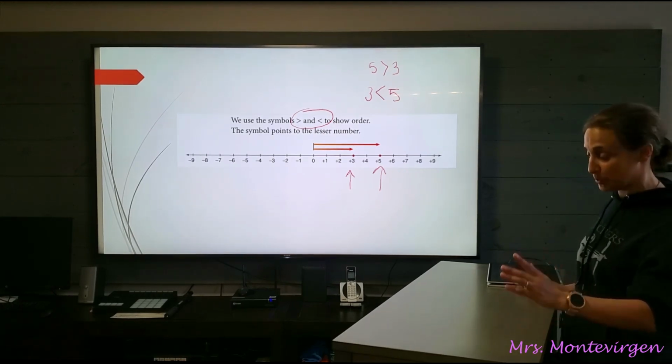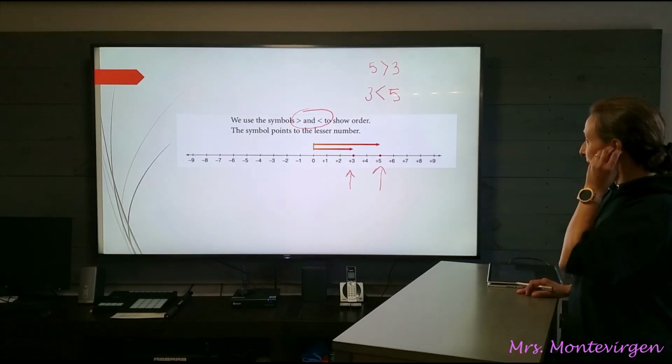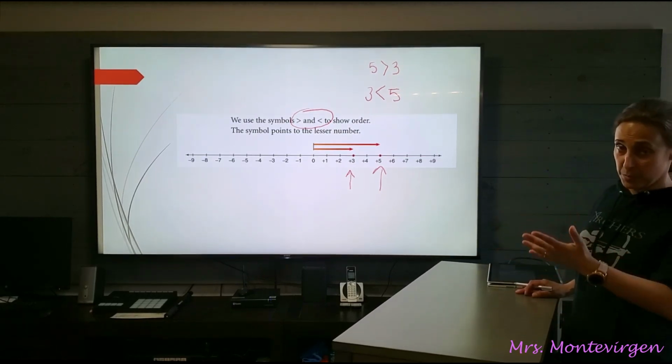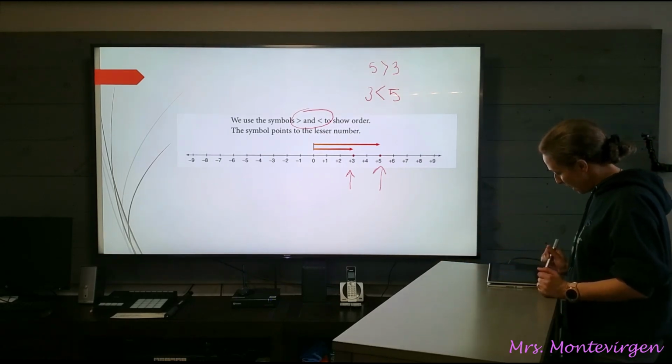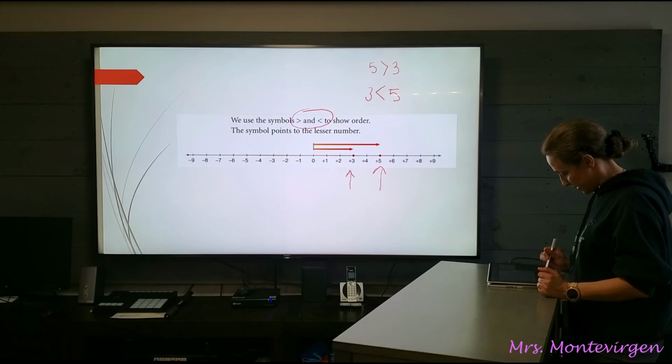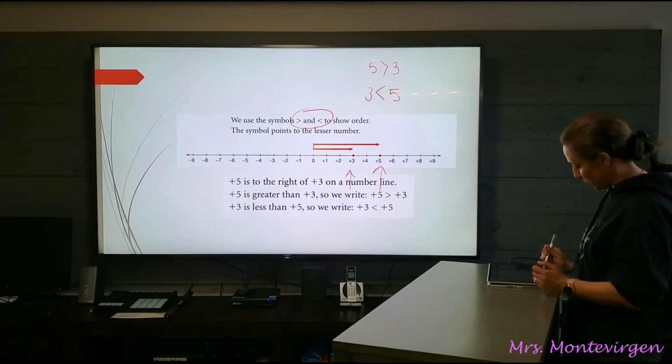A lot of them resort back to when they were first learning numbers, and they say Pac-Man eats the bigger number. So if that works for you, go for it. And that's exactly what we just went through.